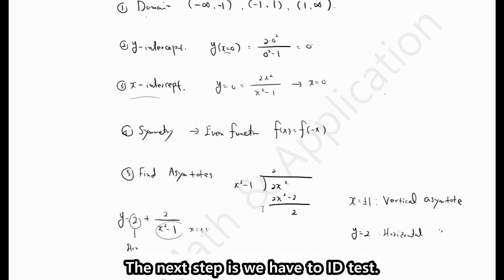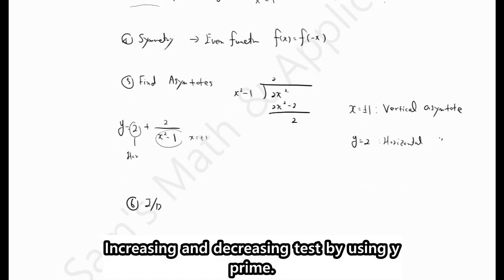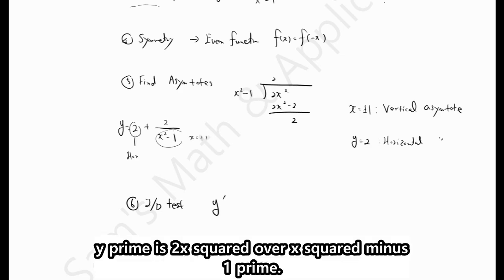The next step is the increasing and decreasing test using y prime. Y prime is the derivative of 2x squared over x squared minus 1.